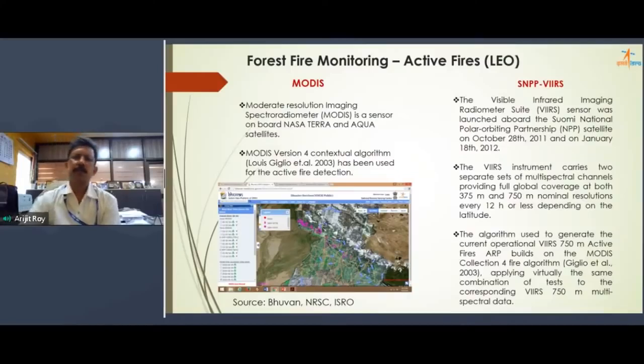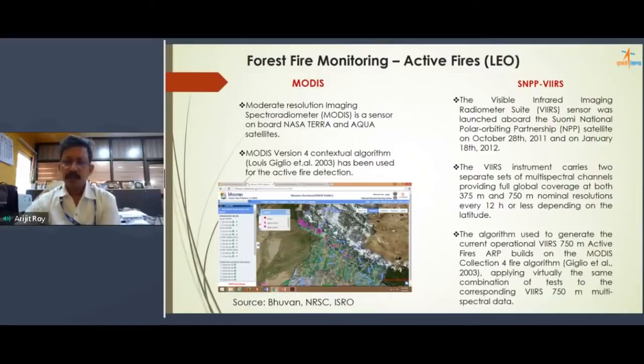The same algorithm is used for the SNPP VIIRS sensor also, because they have more or less similar sensor parameters. Although the spatial resolution of MODIS is 1 kilometer, whereas SNPP VIIRS has two resolutions, that is 375 and 750 meters.